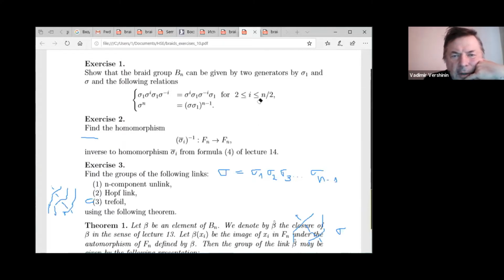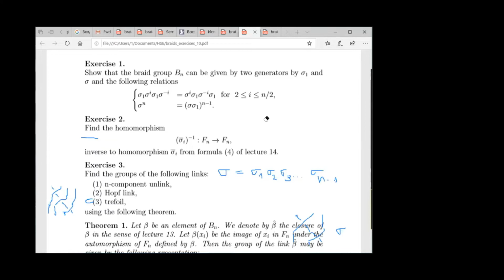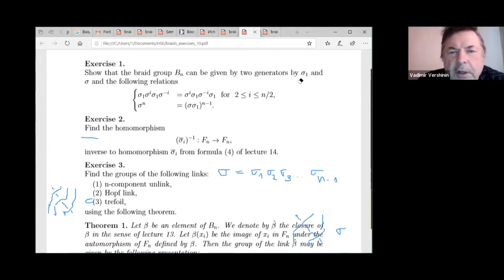Do you hear? Yes. So we consider the following presentation, which has only 2 generators, sigma 1 and sigma.